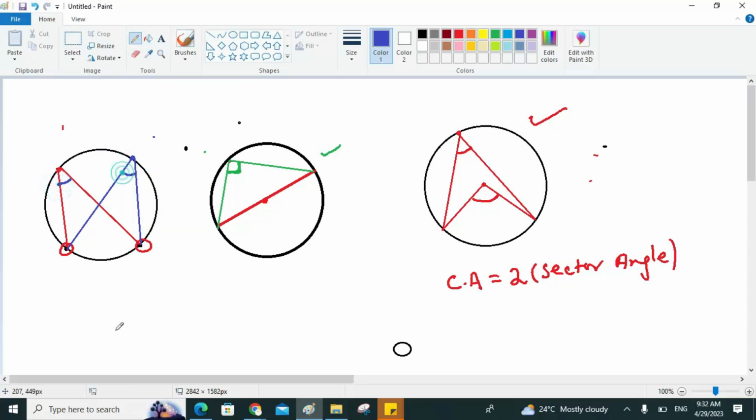This angle is equal to this angle, and also this angle is equal to this angle, the green one.